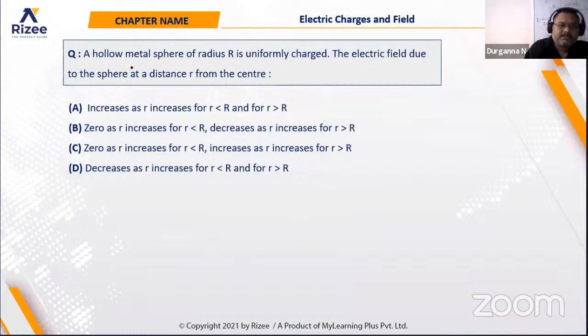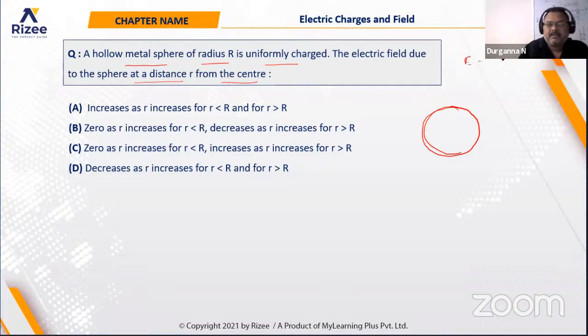A hollow metal sphere of radius R is uniformly charged. What is the electric field due to the sphere at a distance r from the center? Let me take the opportunity to derive this. Generally the electric field formula is 1 by 4 pi epsilon naught into q by r square, outside.